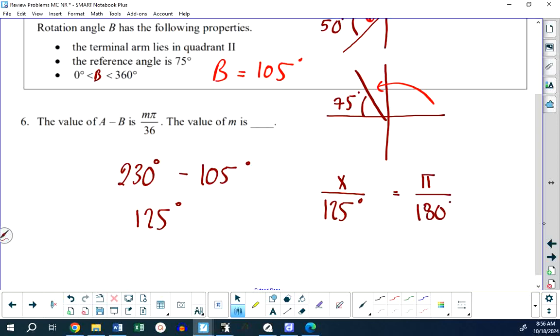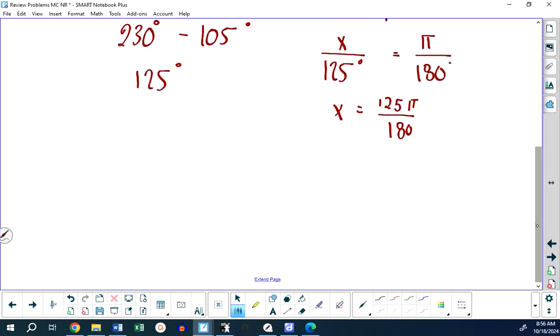So we're going to get for x 125 pi over 180, and I want to say that that's 25 pi over 36. I think 125 over 180 reduces to 25 over 36. Does that help, Melanie?